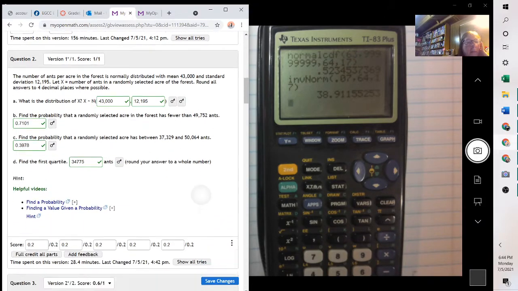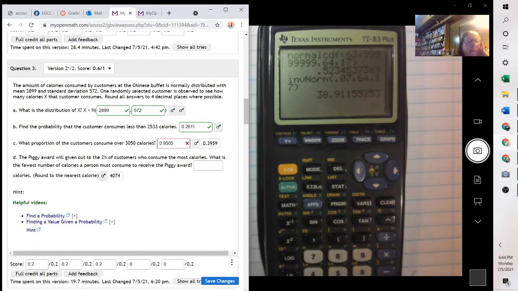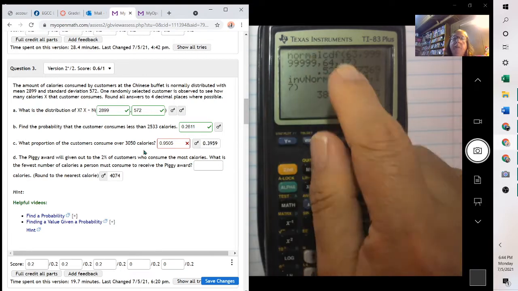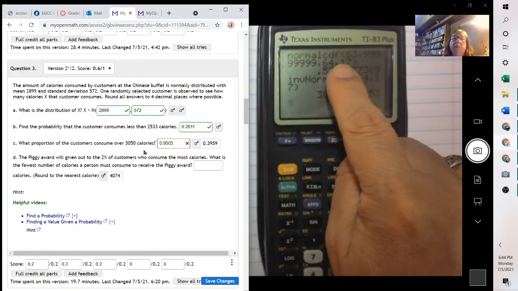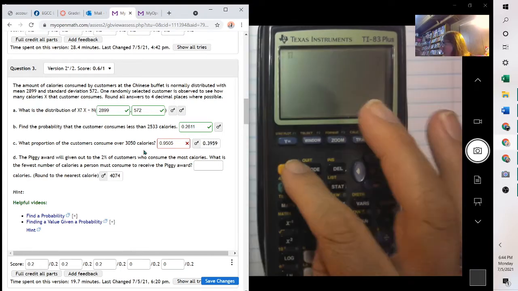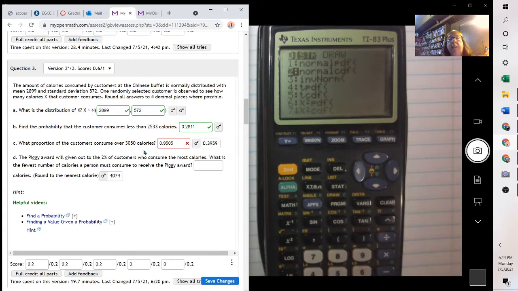Now, this one. Over here, the proportion of customers who consume over 3,050 calories. So we're looking for the percent, which means we're using the normal one. Second distribution, normal CDF. And then we put our lower value.